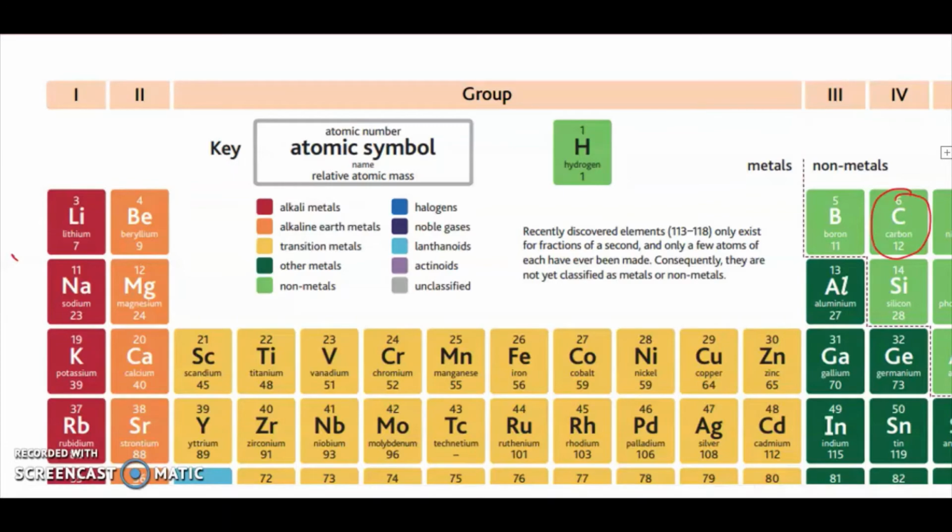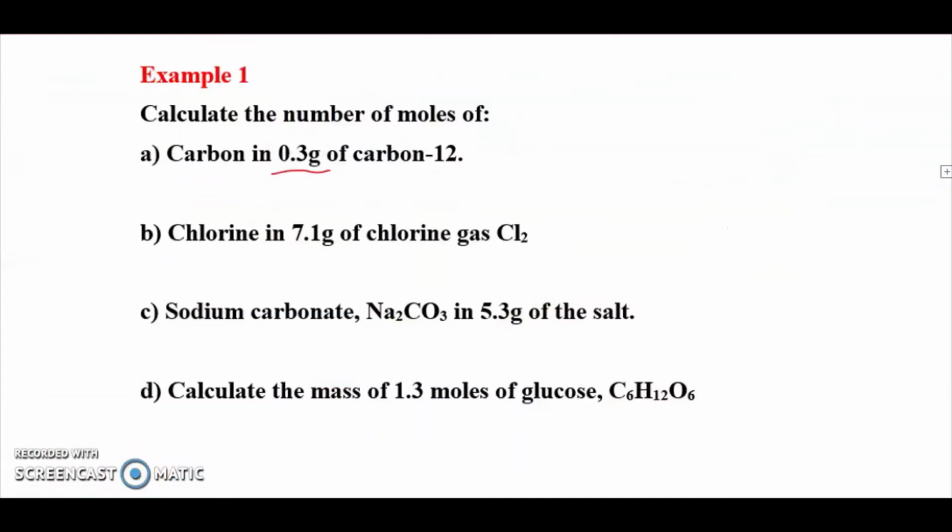So let's go back to the question. We know that number of moles, which we can depict by small n, is equal to the given mass divided by the molar mass. The given mass in the question is 0.3 grams, divided by the molar mass for carbon, which is 12 grams per mole.